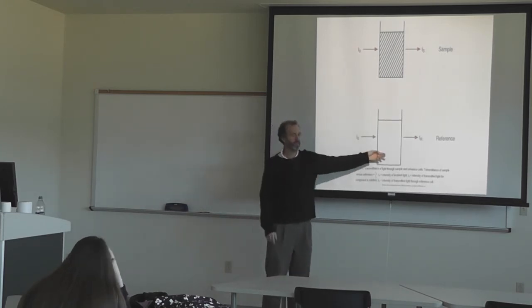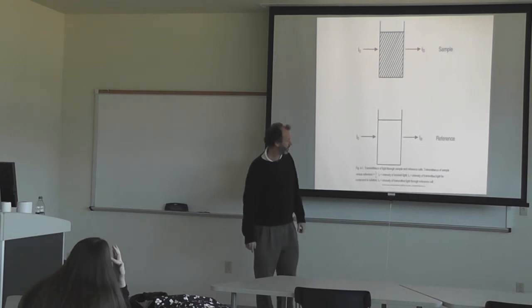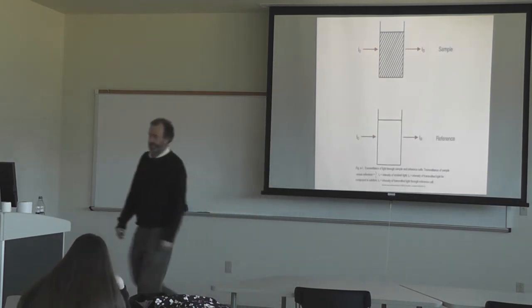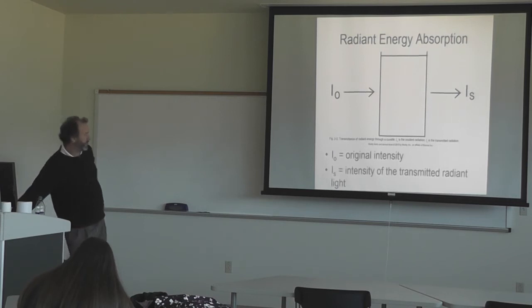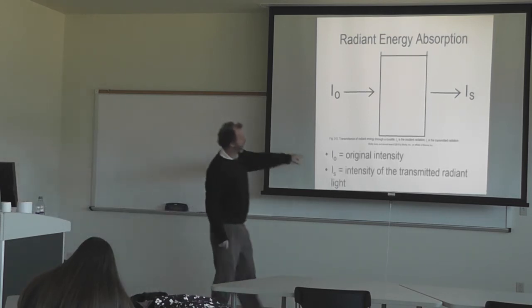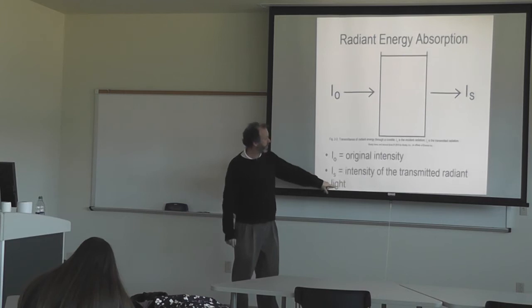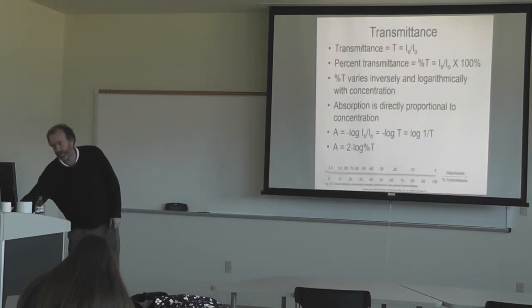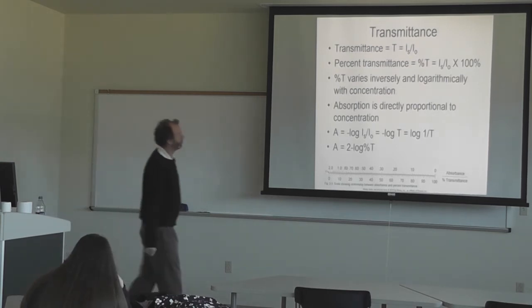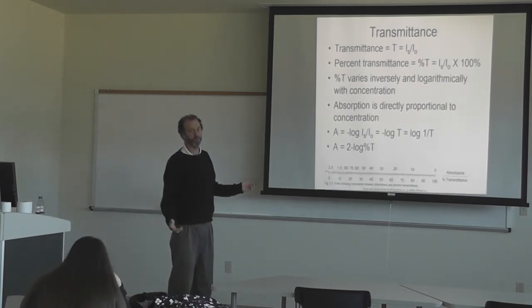And then this is your reference, this would be perhaps your 0, right? The reference cell. So for radiant energy absorption, I0 is the original intensity, Is is the intensity of the transmitted radiant light, and the transmittance is going to be equal to Is divided by I0, right?